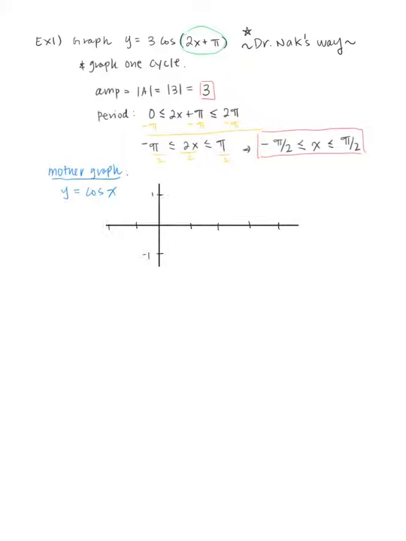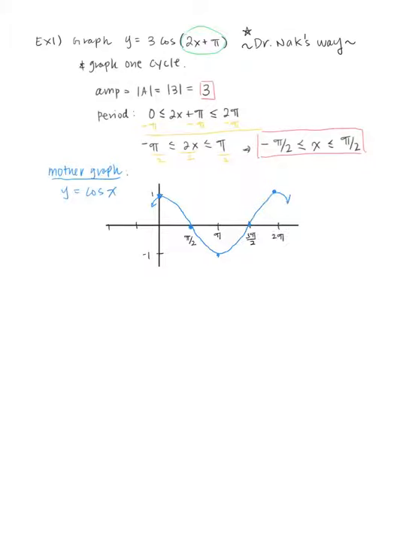So the cosine graph starts high, 0, low, 0, high. That will be just one cycle. Let me label all the key points. So this is pi over 2, pi, 3 pi over 2, and then 2 pi. That's a 3 on the top, sorry.